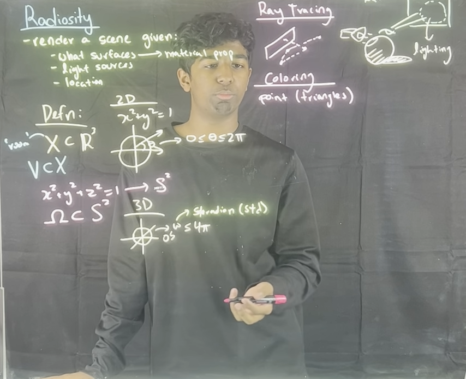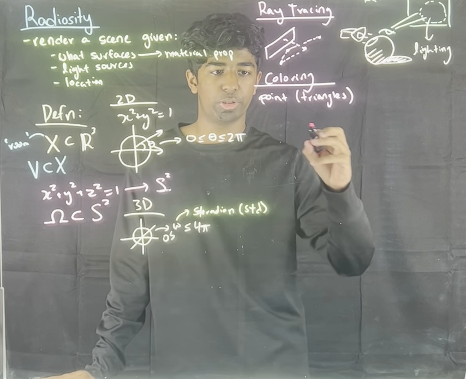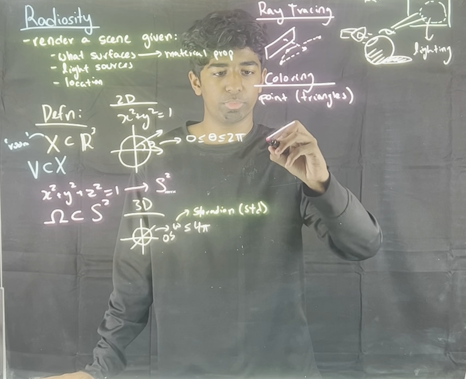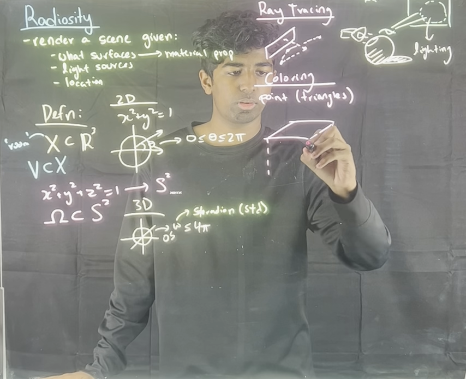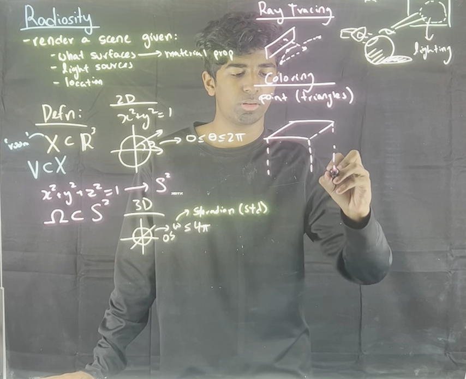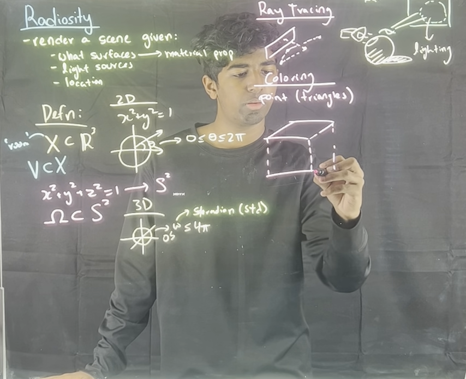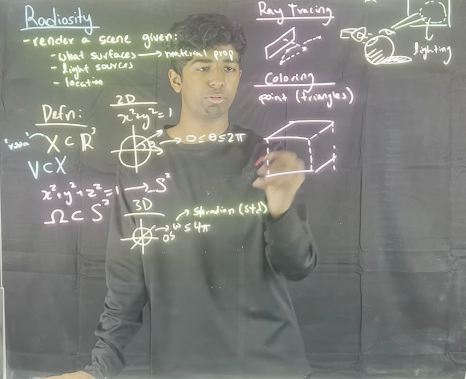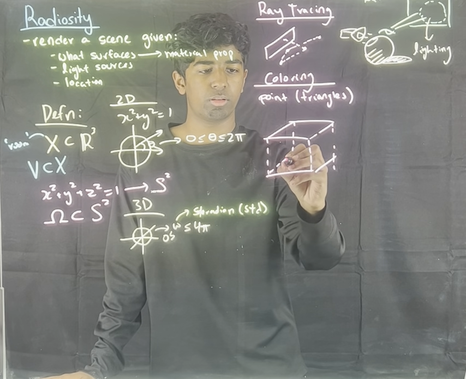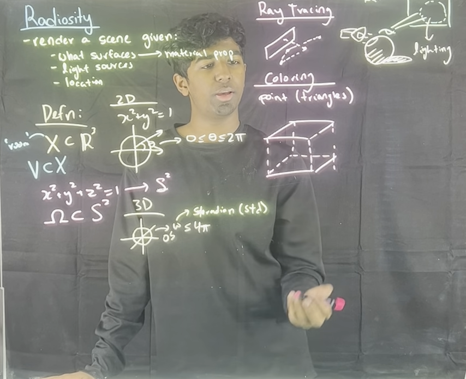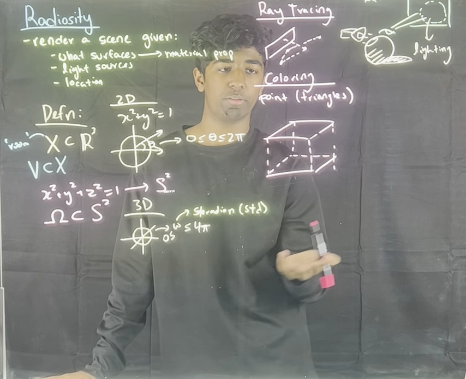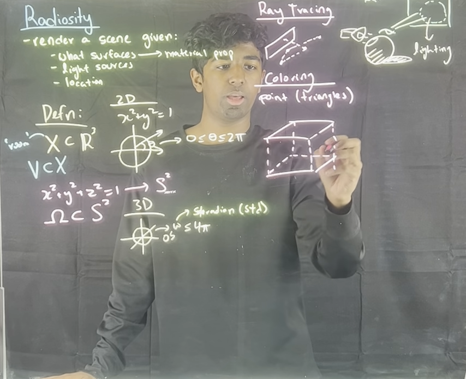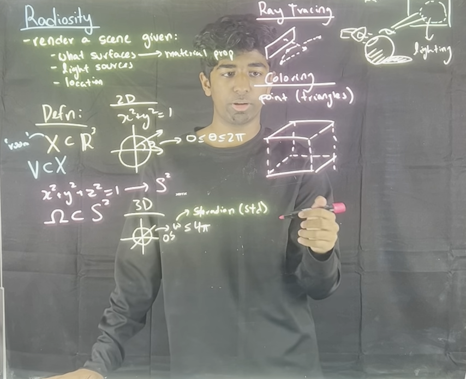So the first thing we might want to do is denote some kind of ambient lighting. So for some room, let's say we have this room over here. And for everything in this room, or wherever we're looking, we want to have some kind of ambient lighting that denotes that every object has this kind of coloring, right?